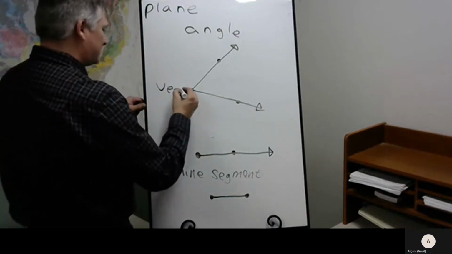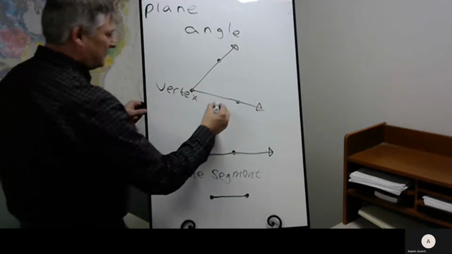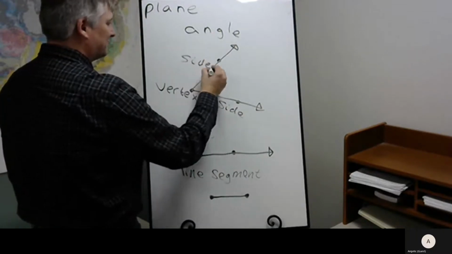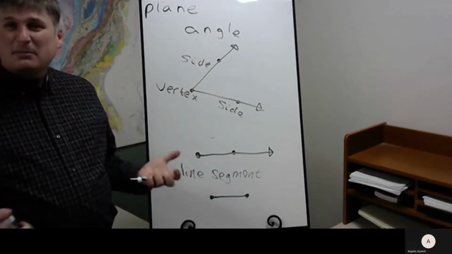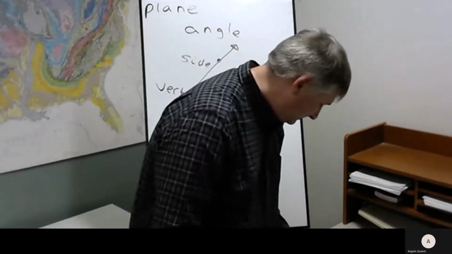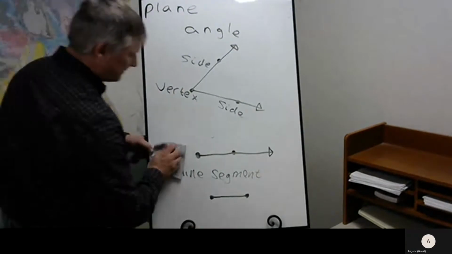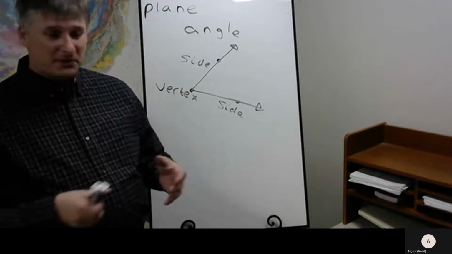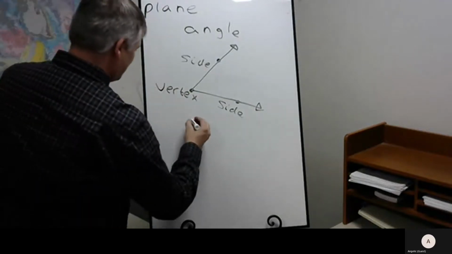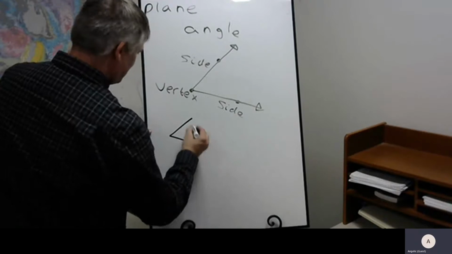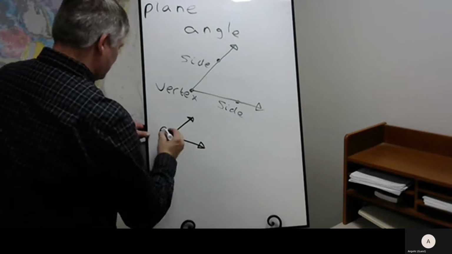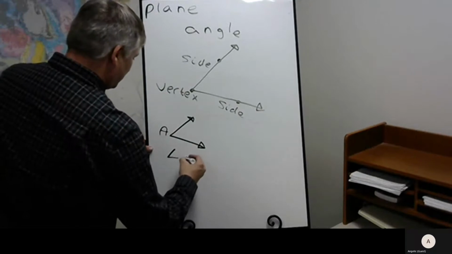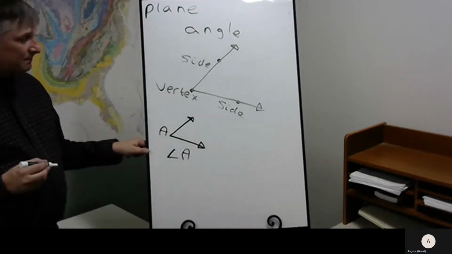This part's called the vertex. This is a side. This is another side. And we can label angles in different ways. For example, we'll sometimes talk about an angle using the vertex. So the vertex will be labeled, and so we refer to this as angle A.